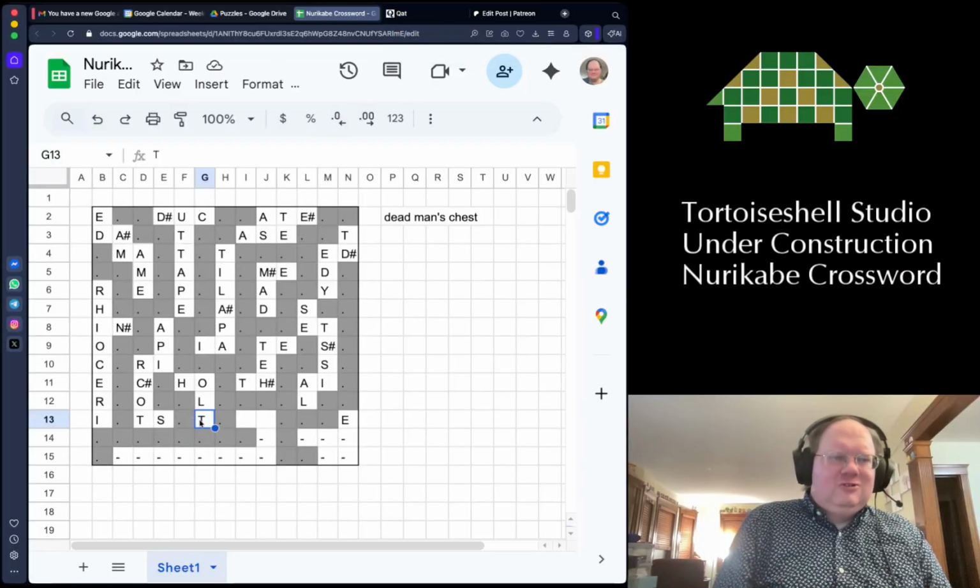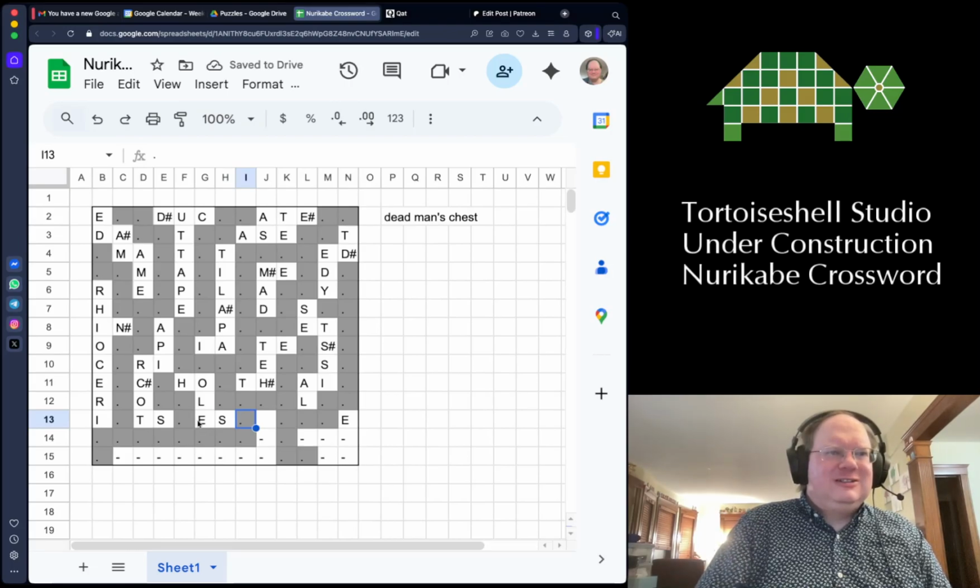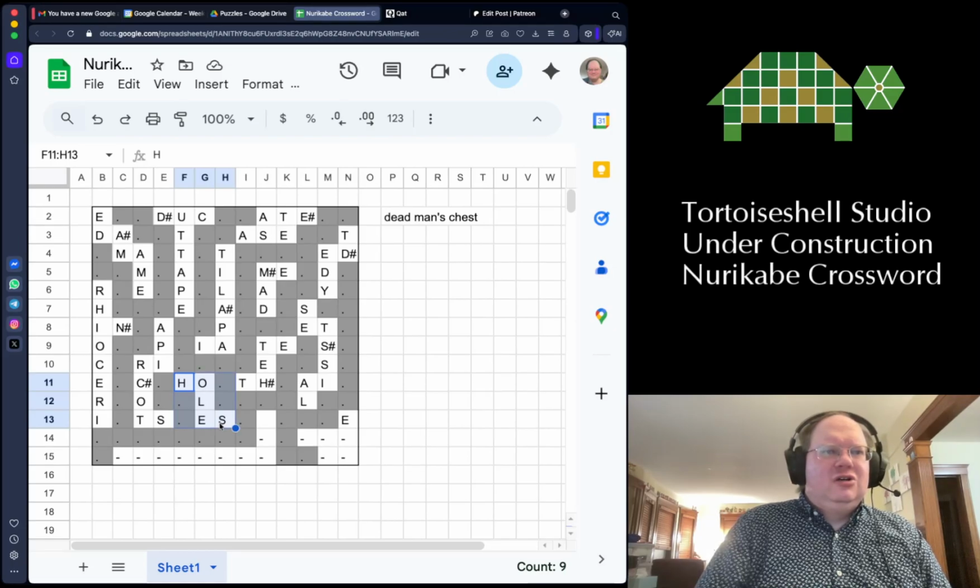Unless there's some way to get... like holes. So this is only going to be unique if I can push, if I have TS here.